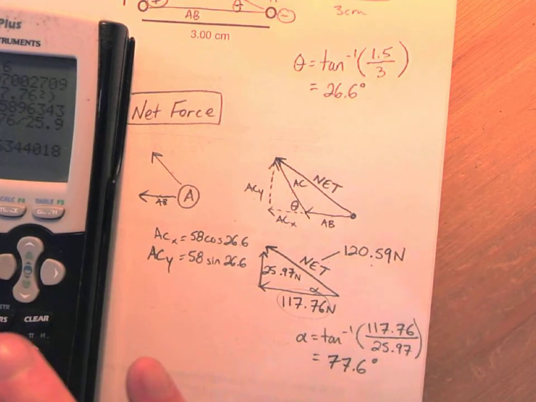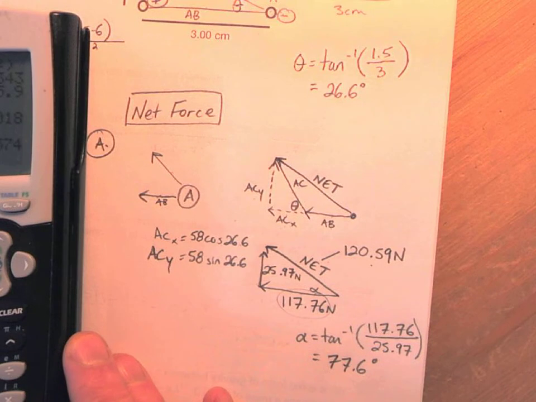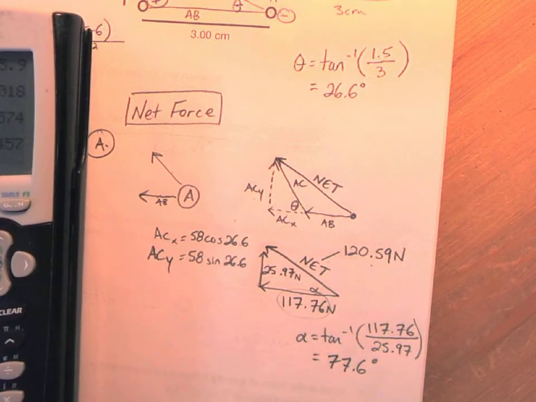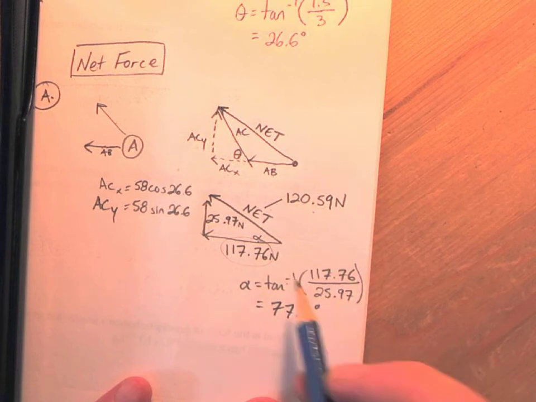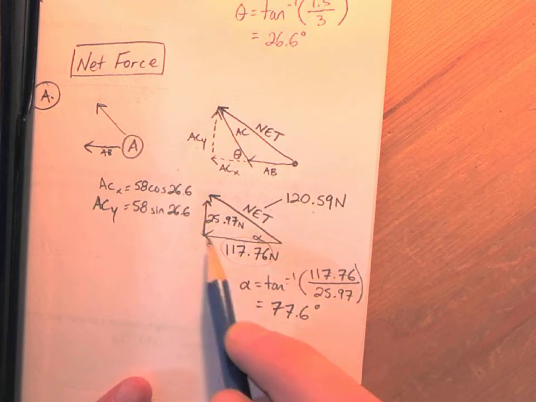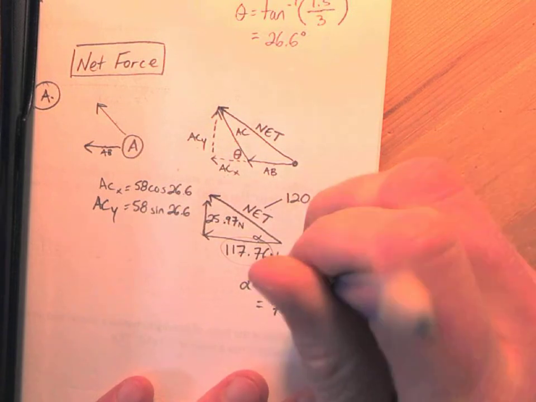58 cos 26.6 plus our 65.9. Yeah, I did get that again. Oh, here's my mistake. Tan inverse is O over A, but our O is not 117, our O is that one. So I just wrote it in the wrong order.